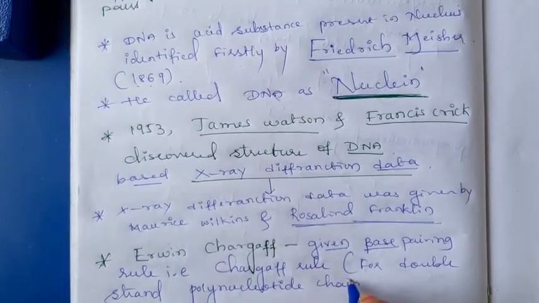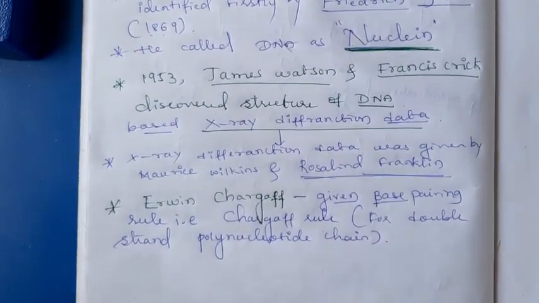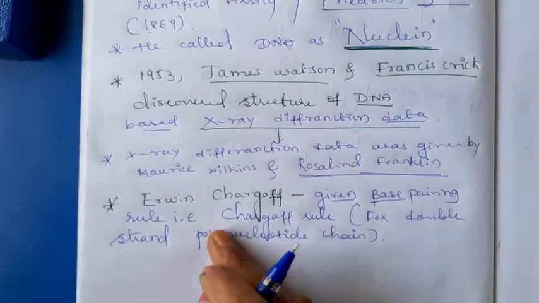He observed the double strand polynucleotide chain of the DNA and gave the rule that is Chargaff's rule.